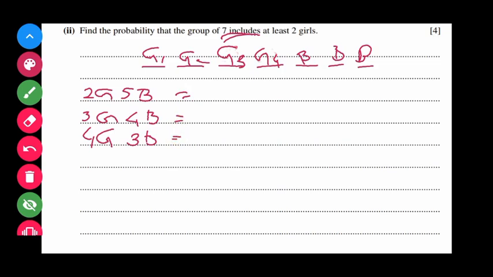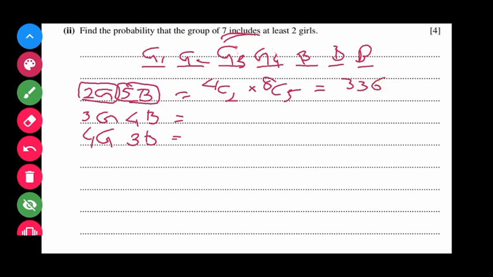Okay, so two girls out of four can be selected in 4C2 ways into five boys. It is two girls and five boys. The connective is and, that means multiplication. And five boys out of eight in 8C5 ways, which is equal to 336 ways.